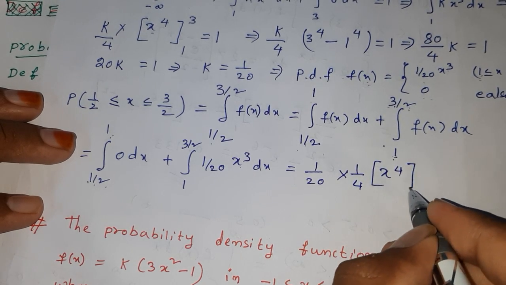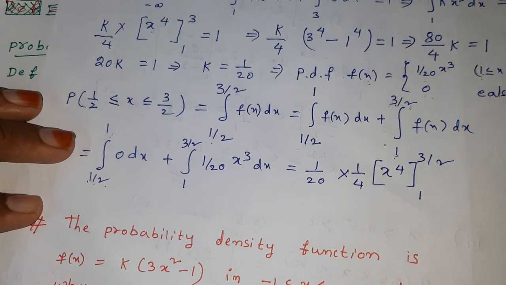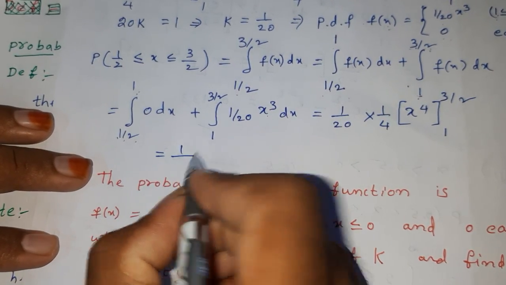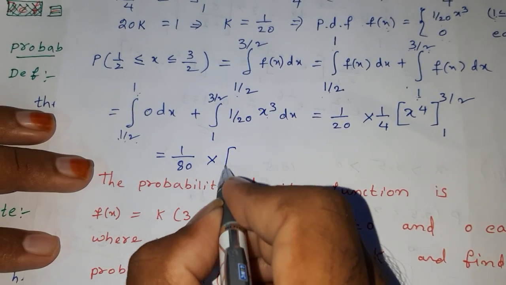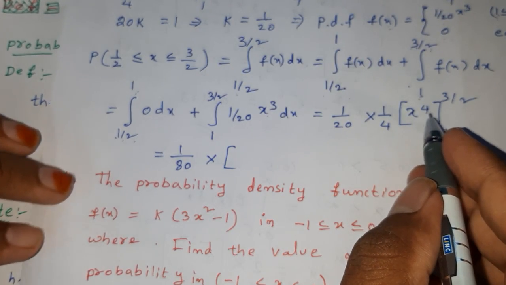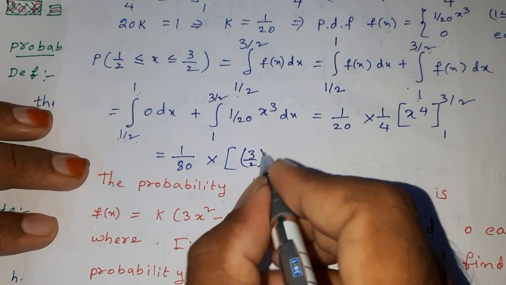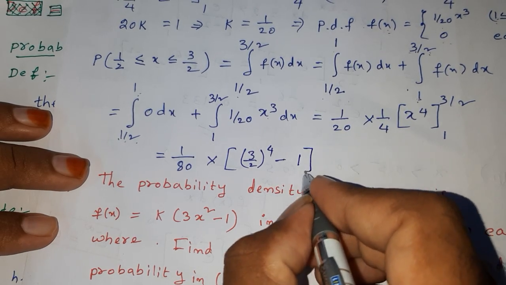We have to apply the lower limit and upper limit. Now 1/20 into 4, that is 1/80 into x power 4, from 1 to 3/2, that is 3/2 power of 4 minus 1 power of 4.